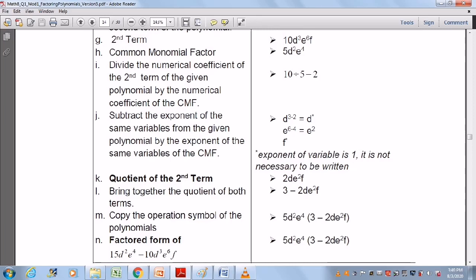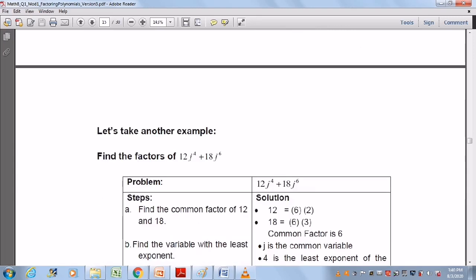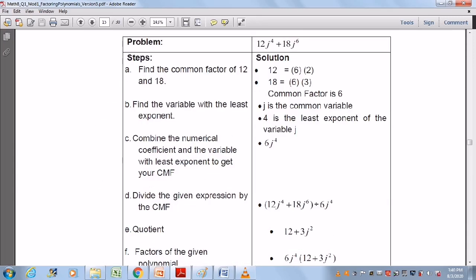So, sobrang haba ng steps na naka-indicate dito and students must read it carefully at intindihan yung mga step-by-step process. Okay, nakita na how the lessons presented.